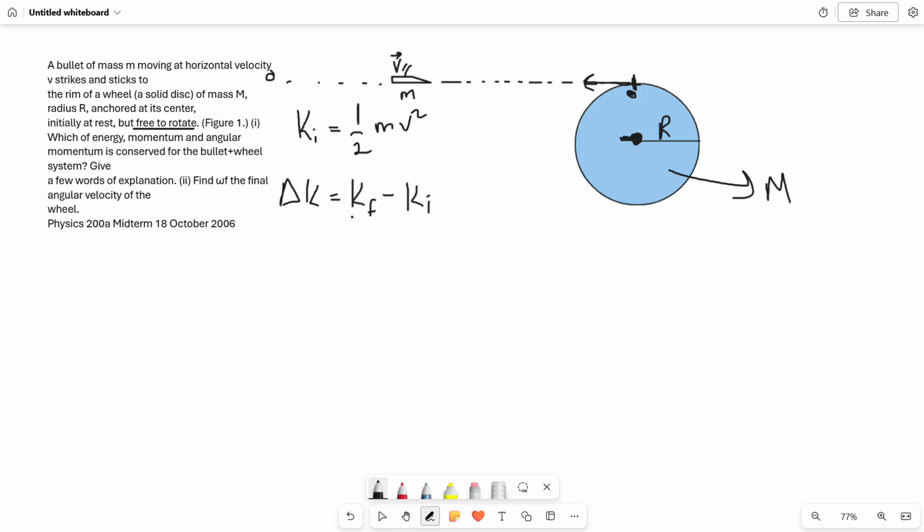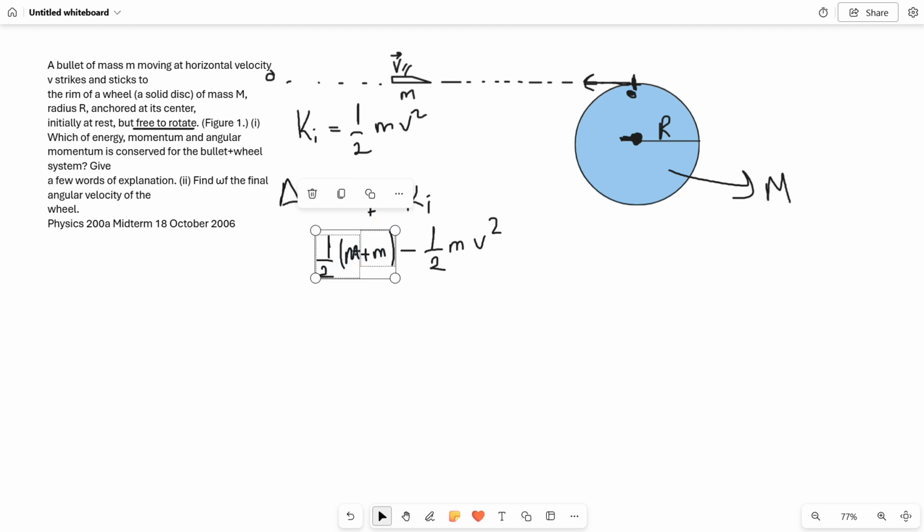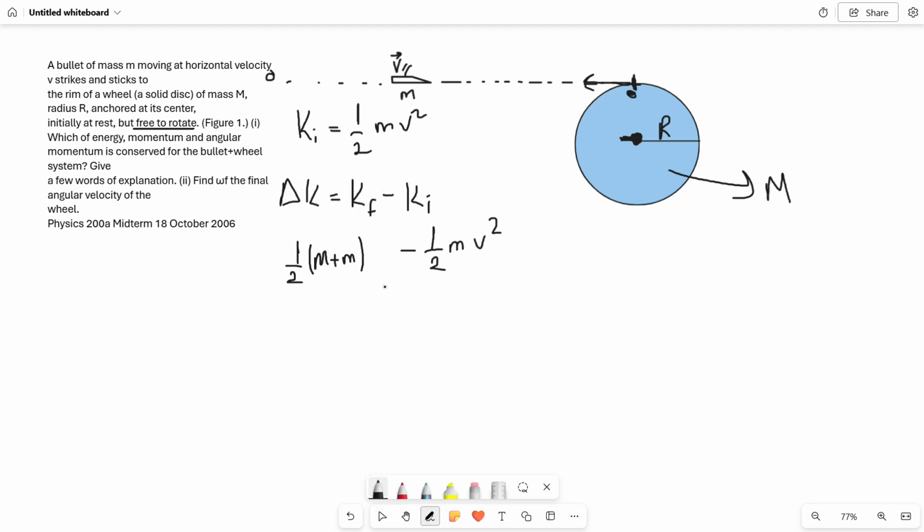We can write the initial kinetic energy, 1/2 m v squared, minus 1/2 times m from the wheel plus m from the bullet, and we have a velocity.